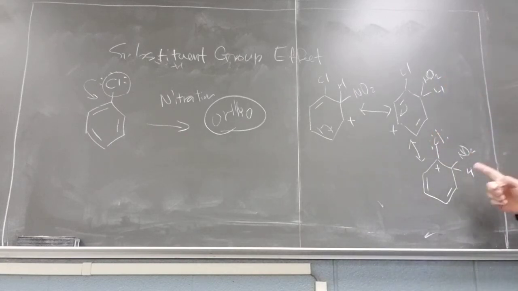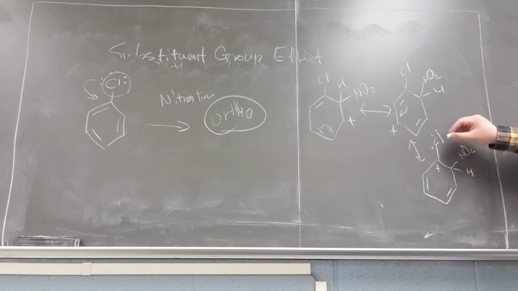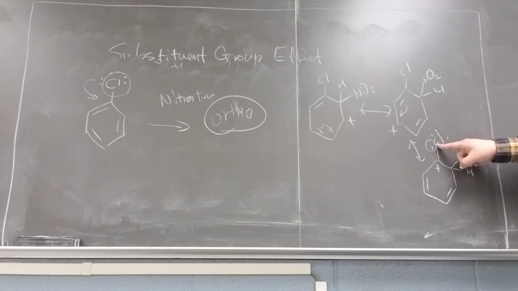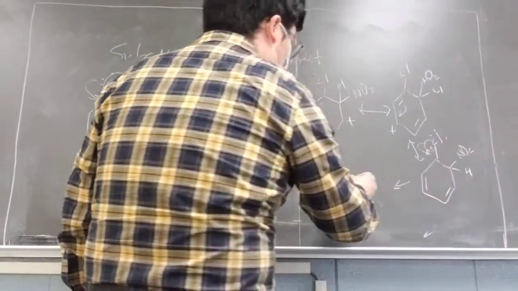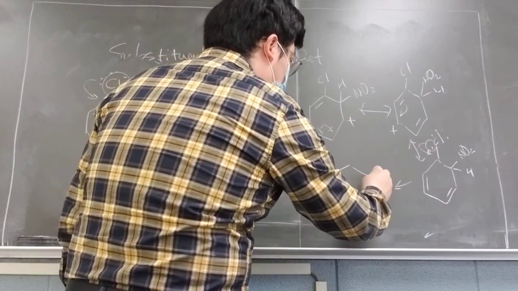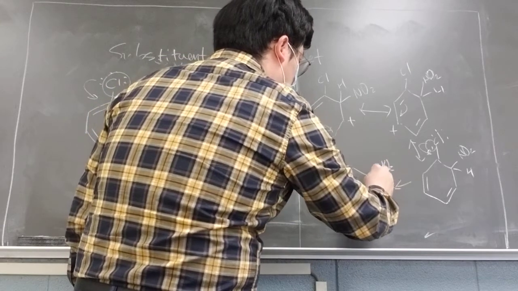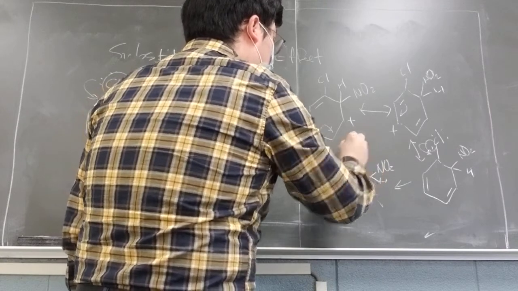Okay, so in this case, like I said, this is an electron donating group, right? Halogen is an electron donating group. One of the lone pairs goes to make a double bond here, so this will be gone. Okay, so it becomes like this over there.